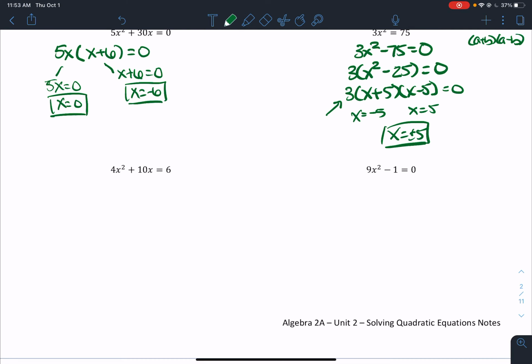All right, 4x squared plus 10x equals 6. So 4x squared plus 10x minus 6 equals 0. I have a GCF of 2. So 2 times 2x squared plus 5x minus 3 equals 0.